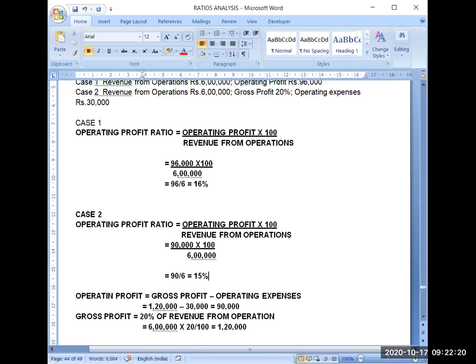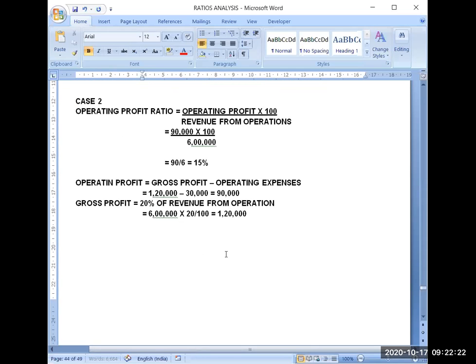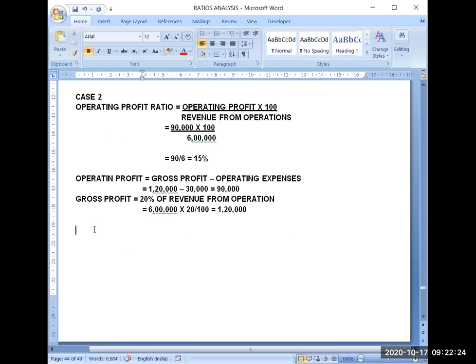So sometimes you may also get net profit in the question. Suppose the question has given you net profit is equal to 1,50,000.